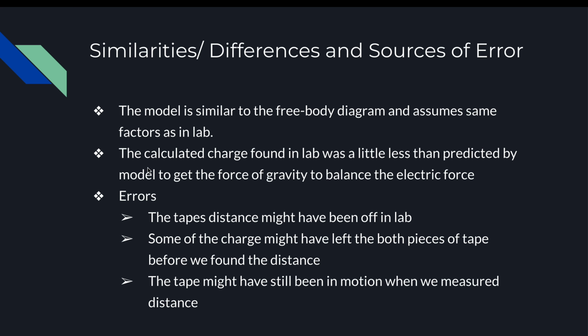So the charge calculated in this lab was more than what was found in the actual lab. This could be due to the tape distance being off in lab. Some of the charge might have left both pieces of tape before we could find the distance, and the tape might have been in motion when we measured the distances, meaning that momentum was not equal to 0.